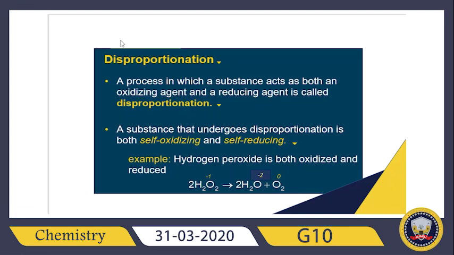The most important example of a substance that will undergo disproportionation, guys, is hydrogen peroxide. As we know, hydrogen peroxide has the chemical formula H2O2. So hydrogen peroxide is both oxidized and reduced, as we can see here in this equation.